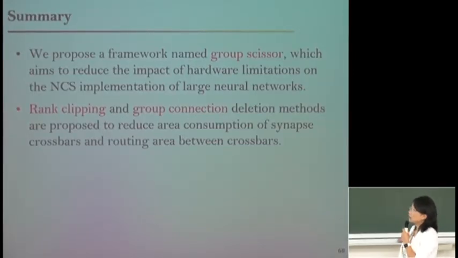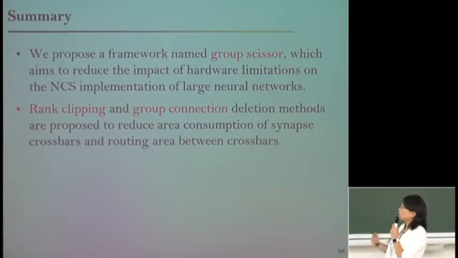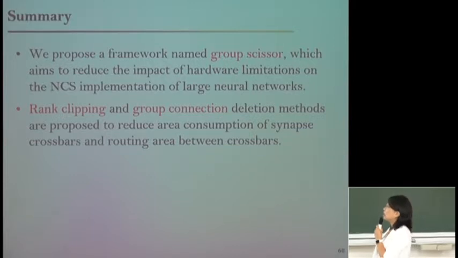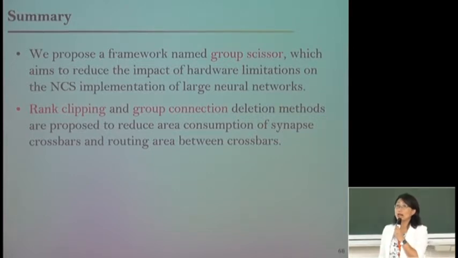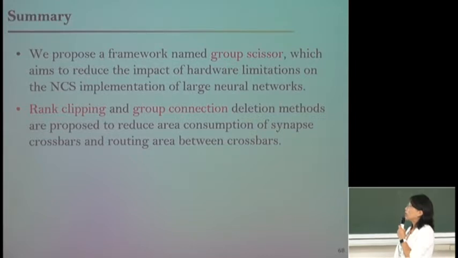So let me again quickly summarize this work. We propose a framework named Group Scissor, which aims to reduce the impact of hardware limitations on RRAM-based neuromorphic computing system implementation. We try to extend the scalability and map large neural networks. Rank clipping and group connection deletion methodologies are proposed.